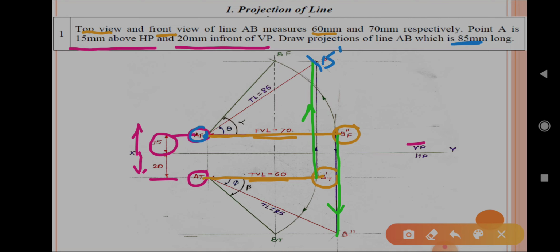We get B dash, and we can connect this line, which is the true length of 85 mm.